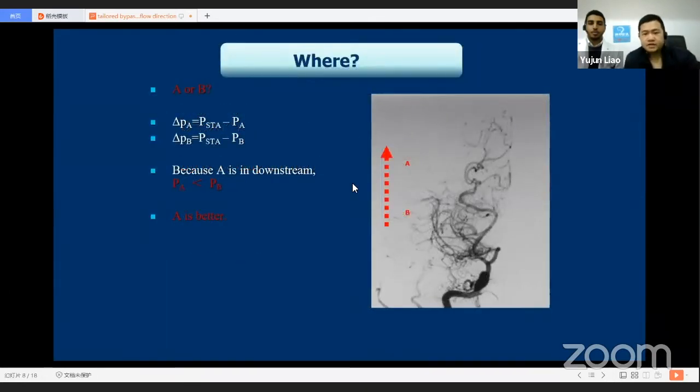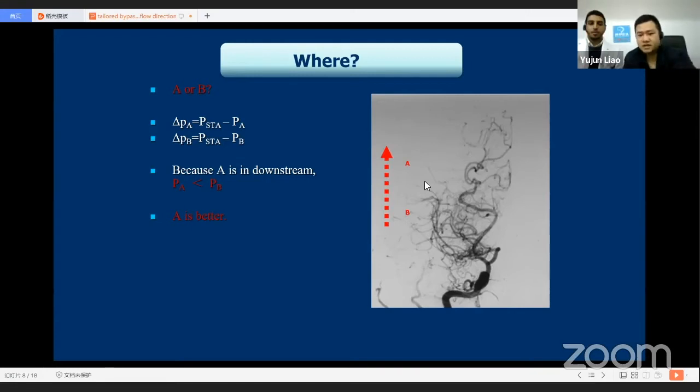In this patient, the blood flows from point B to point A, and the pressure difference at point A equals the pressure of the STA minus the pressure at point A, and similarly for point B. Because point A is downstream in the blood flow, the pressure at point A is smaller than the pressure at point B. So we speculate point A would be better for anastomosis, but this is a hypothesis.